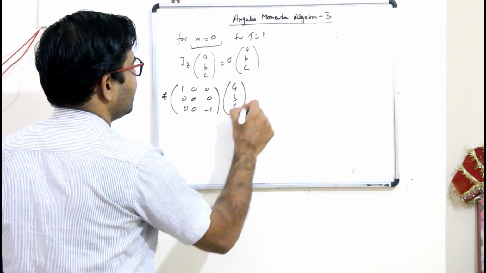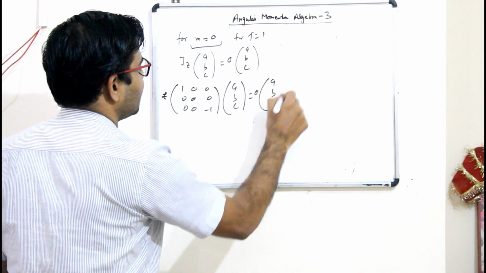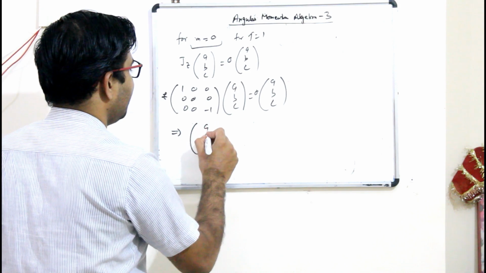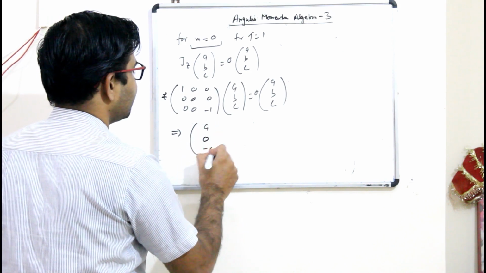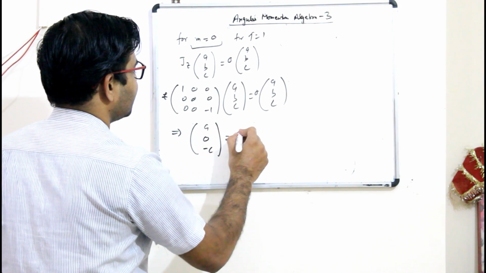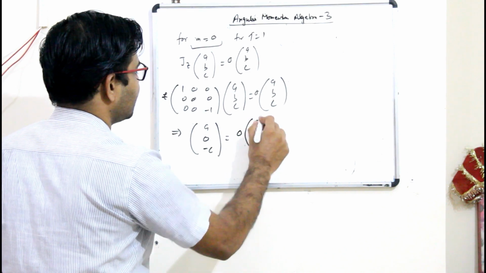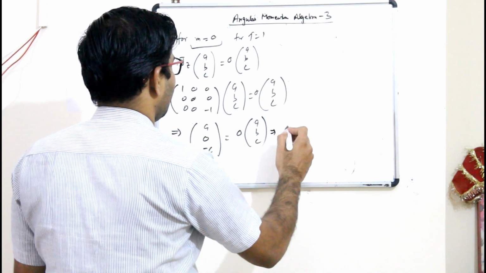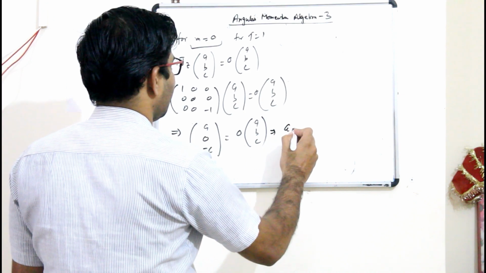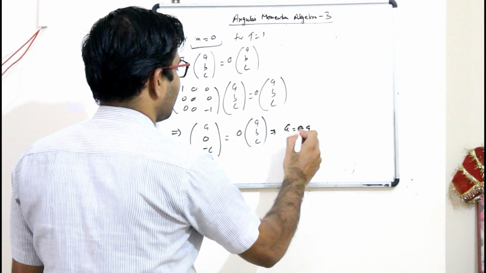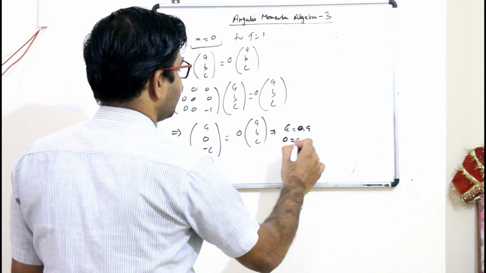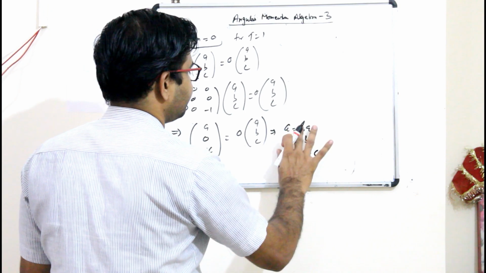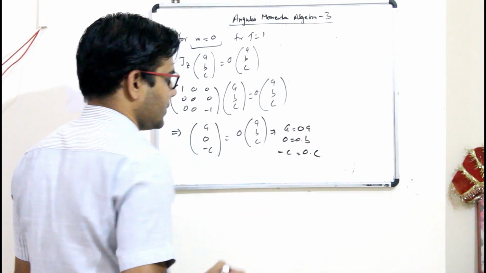So this equation gives me a, 0, minus c equal to 0 times (a, b, c), which means a equal to 0 times a, 0 equal to 0 times b, and minus c equal to 0 times c.